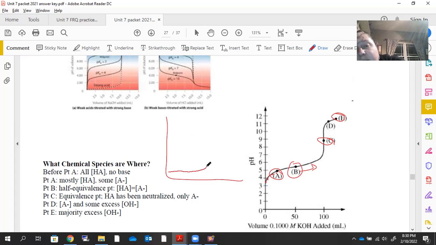It just stays really low and is much straighter. Anywhere along here, we have majority H plus and A minus. There is no HA anywhere in there because it has all dissociated. And then we still would have majority excess OH minus at the end. There's just no HA to talk about.